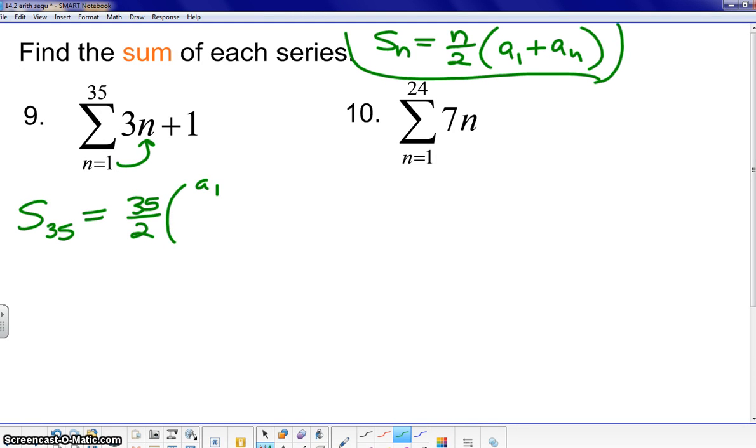So that gives me 3, which is a total of 4. The last term, or a sub 35, we take 35 and plug it in, and that's going to give us our last term. And that value is 106. Okay, and if you do order of operations, you end up getting 1,925.